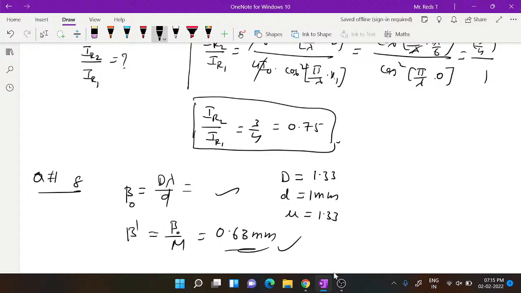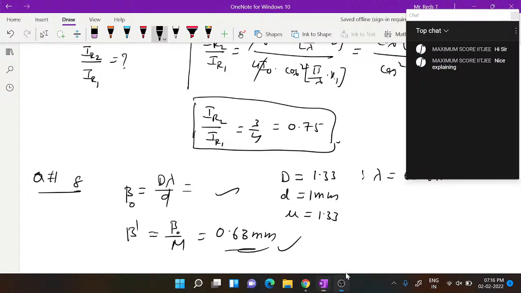And lambda is given as 6,300 angstrom units. You can write it as 63 into 10 power minus 8 meters. All should be in SI units. Then you can write in millimeters at the end, you can convert. Okay, so this way you can do it.